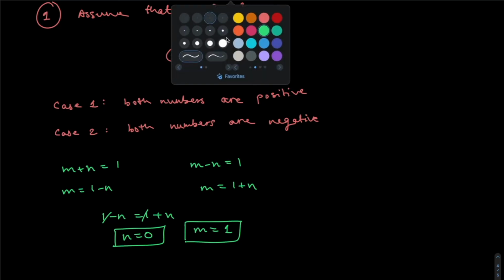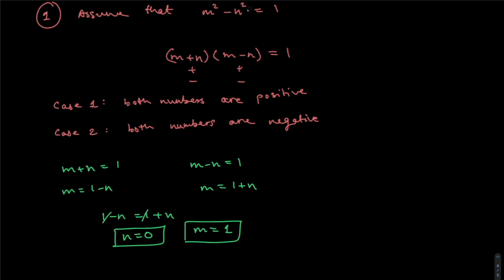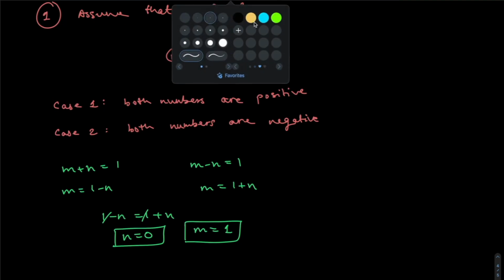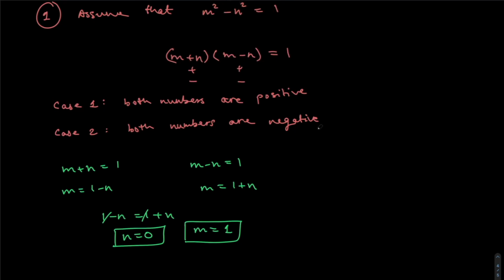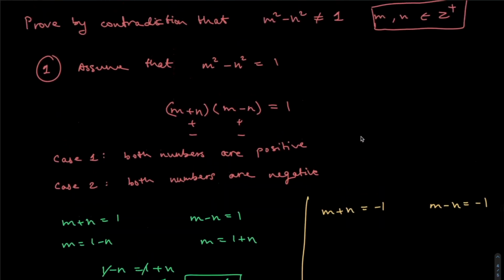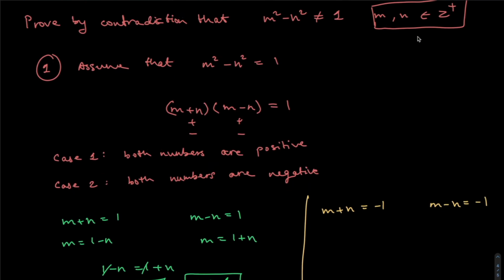I'll take the second case in beige. Next case: m plus n is equal to minus 1, and m minus n is equal to minus 1. Now, you can see the contradiction right here. We were given that m and n are positive numbers.